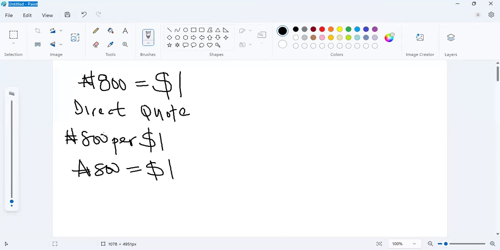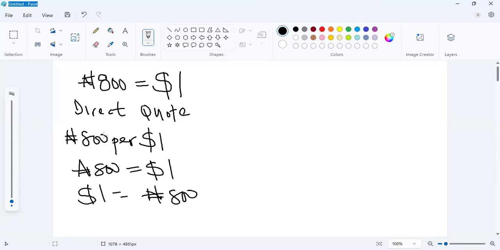This is also a direct quote. You can also do like this: $1 equals 800 naira. This is a direct quote, the number of units of domestic currency needed to buy 1 unit of foreign currency. That's direct quote.